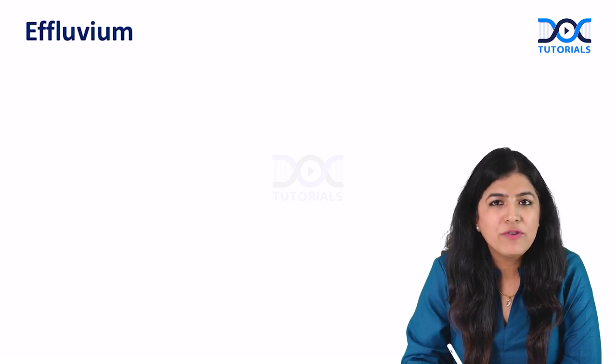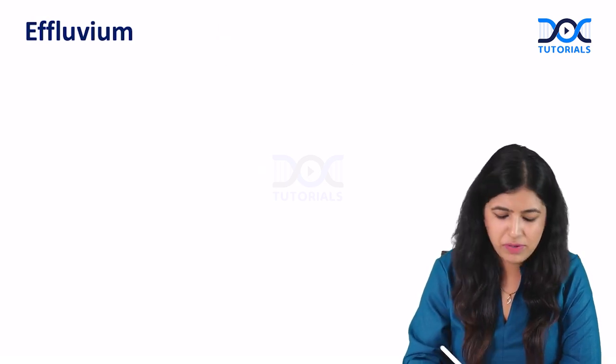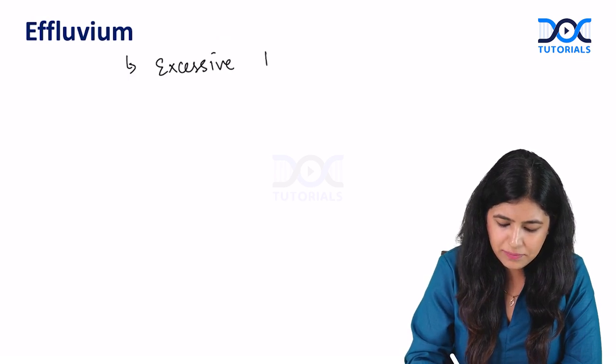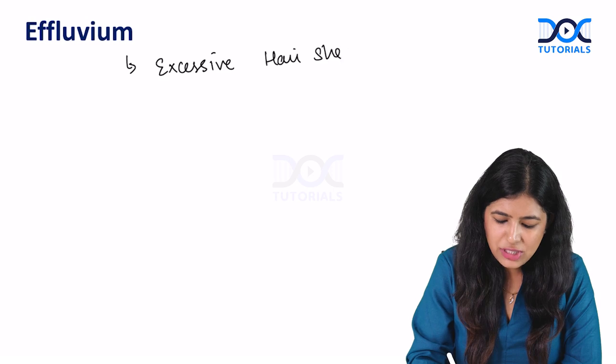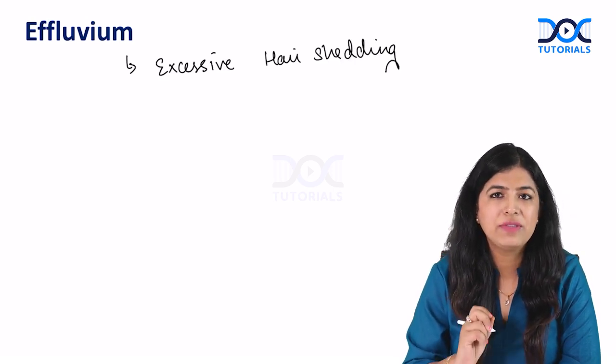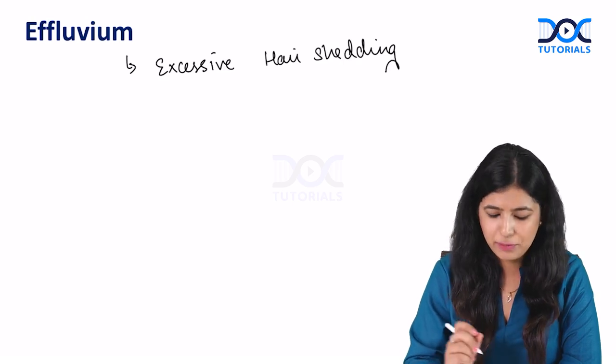So next we come to effluvium. What exactly does effluvium mean? It means excessive hair shedding. Now, this shedding is happening all over the scalp, which is why it is a type of diffuse non-scarring alopecia.